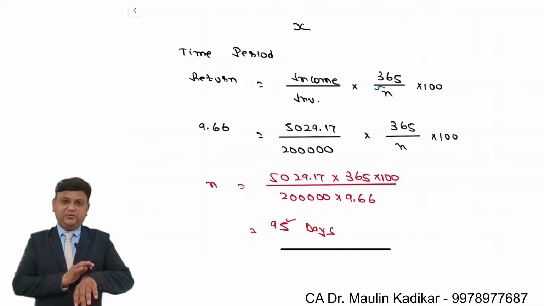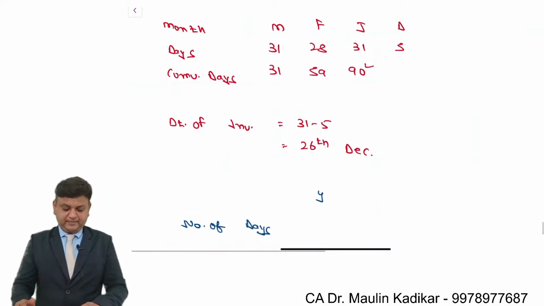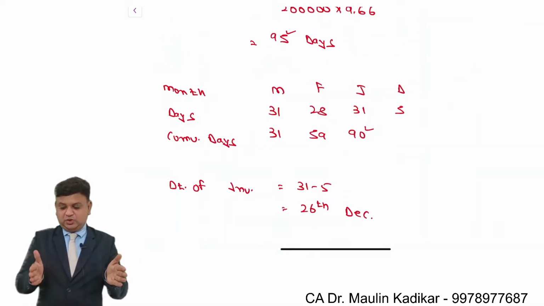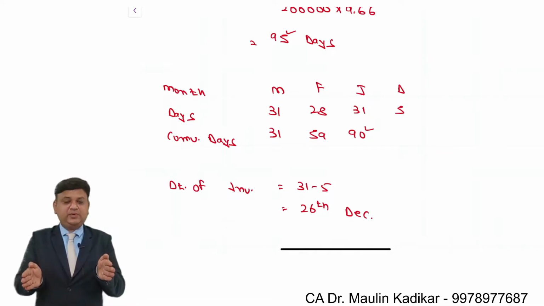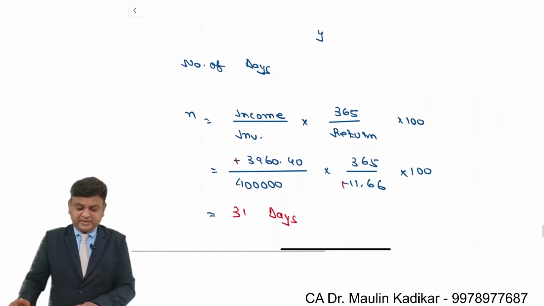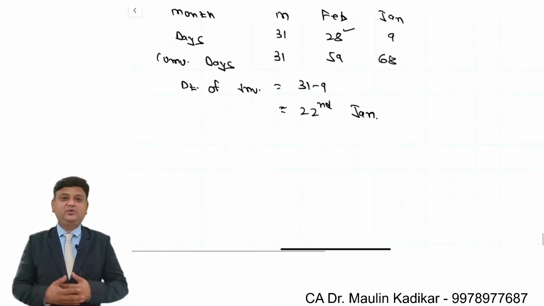Next is the time period of holding investment of each mutual fund, and based on that, the date of investment. So 31st of March minus the number of days of holding investment will give you the date of investment. That is the way we are required to compute the date of investment for each of the mutual fund plans.